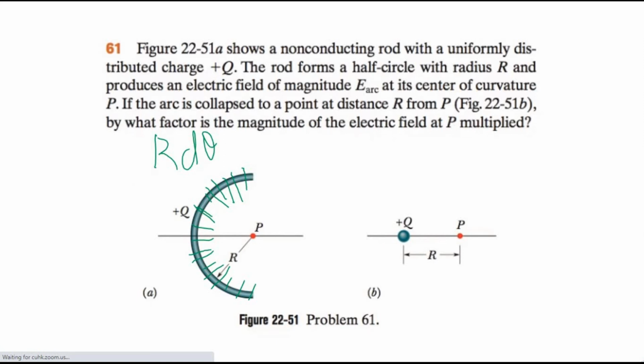Then finally calculate the final electrical field made by the half circle. As you can see, the electrical field generated at P from different sections is in this direction, this direction, this direction, and finally it is also along this direction, right? So what we want to do is just calculate the sum of these electric fields.